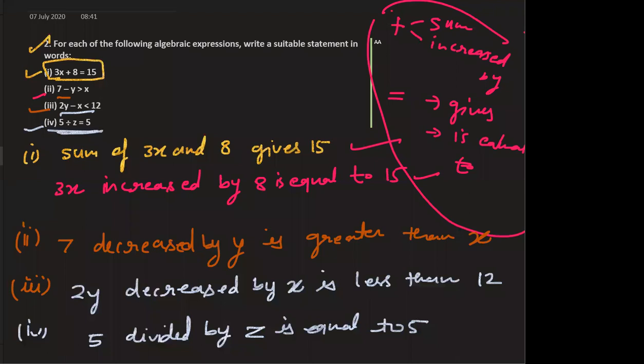You can write gives also. Equal to, gives, yes, both are right. Rukaya, yes. Arush, 7 decreased by y is greater than. Arush, why are you writing the half statement every time? Arush, I'm talking to you.